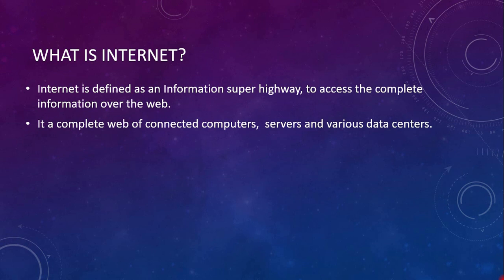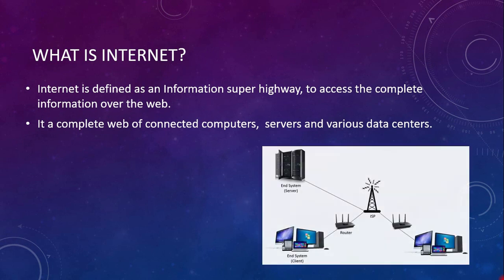The nodes are where the computers or the servers or the data centers are connected. So if one wants to access information from a particular data center, he will be using the network, and that network is known as internet. Simple, isn't it?